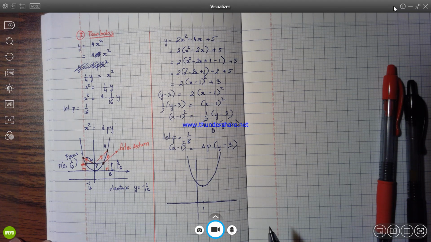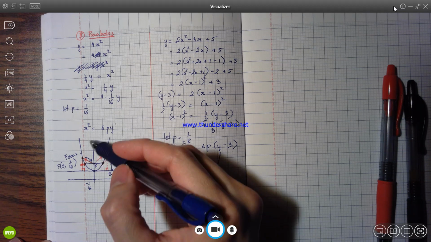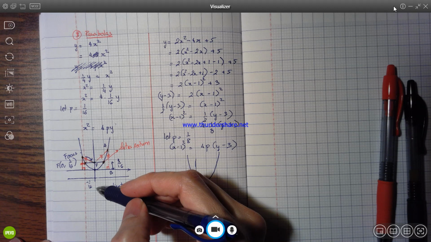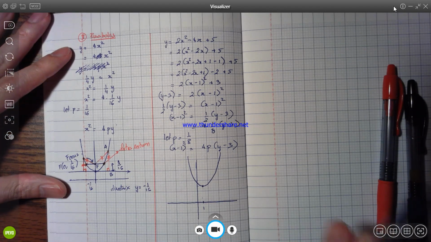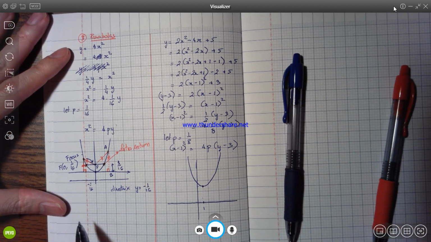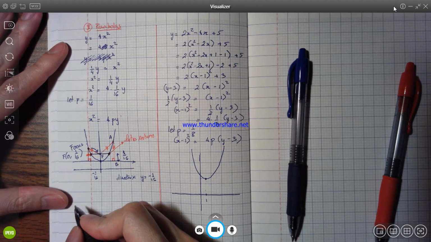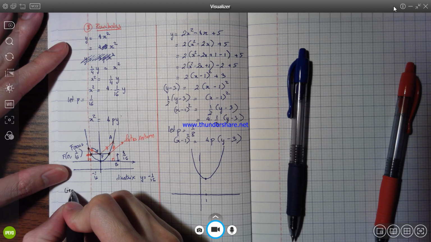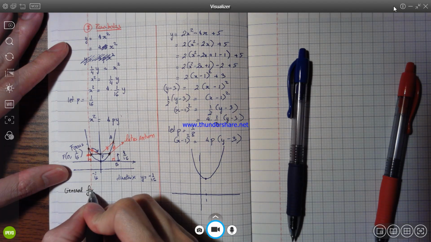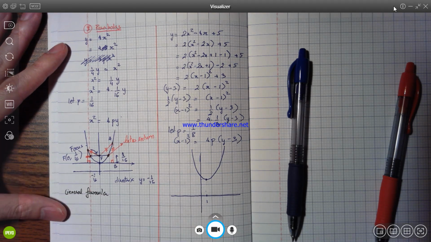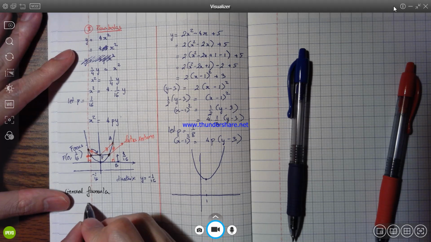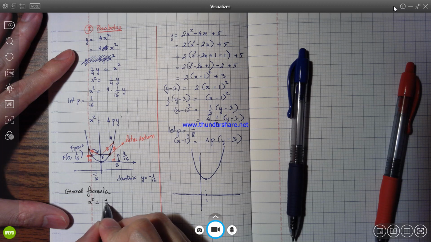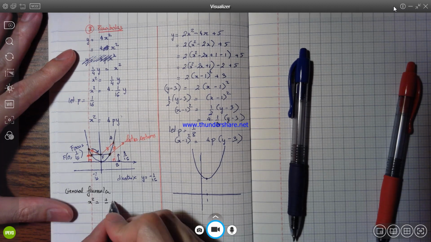So from this example, I can deduce a general formula and general information for all parabolas for which the y-axis is the axis of symmetry. The general formula will be x squared equals plus or minus 4py.